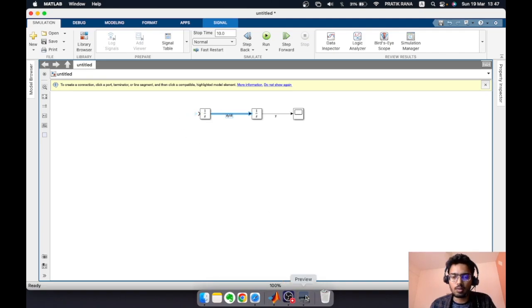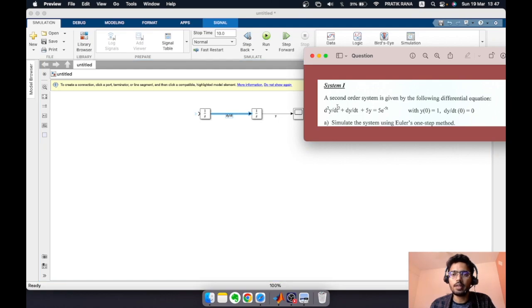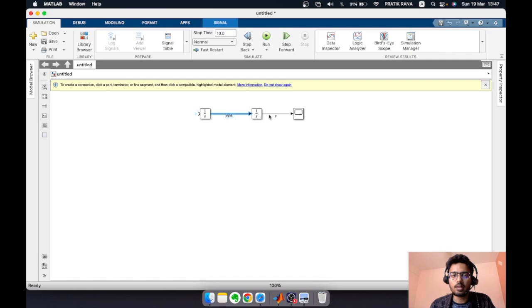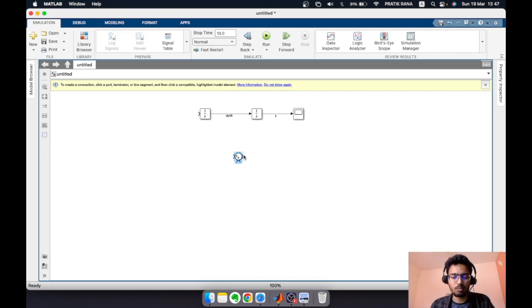Now let's look at our equation. So d2y by dt square is equal to minus dy by dt minus 5y plus 5e to the power minus 5t. So these signals and plus 5e to the power minus 5t should be added to give d2y by dt square. So we'll definitely need a sum block. So we have the sum, and we'll need 3 inputs.